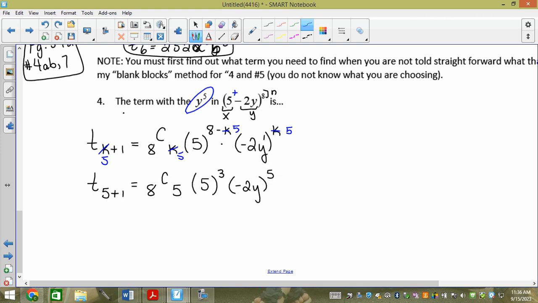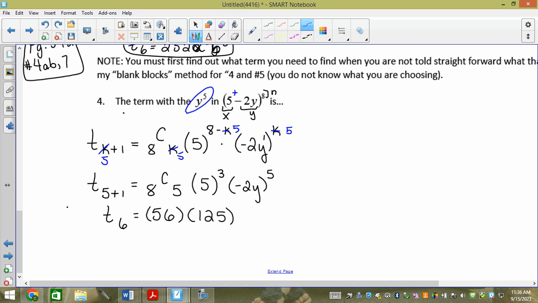The other thing about these exponents is these exponents up here should add up to n, to 8, right? Because you're doing subtraction. And 8C5 is what? 56. So we get term 6 equals 56 times 125 times negative 2y^5. Is it times negative 2y^5?